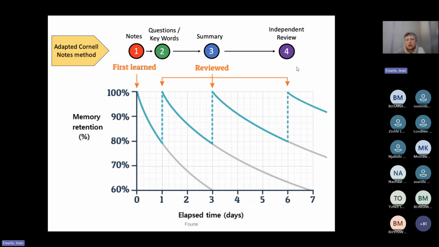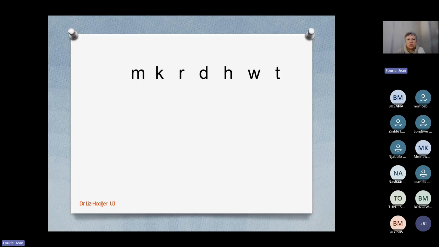And then a week later, you do a complete independent review of your mind maps or your concept maps and recall all that information. Okay, so there are lots of slightly different variations on this forgetting and remembering curve, but you can see that the principle of retrieval and re-looking at the input on a regular basis is the same.